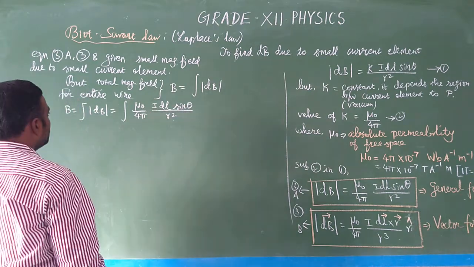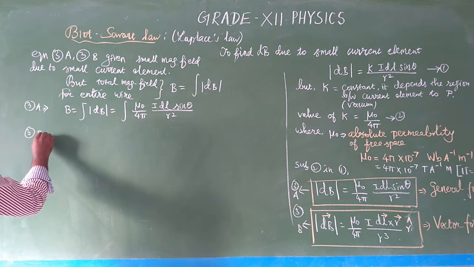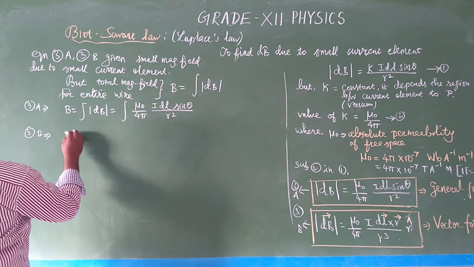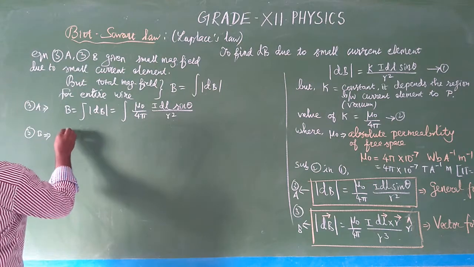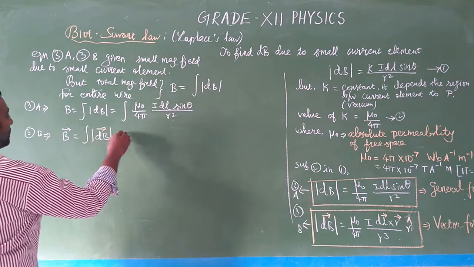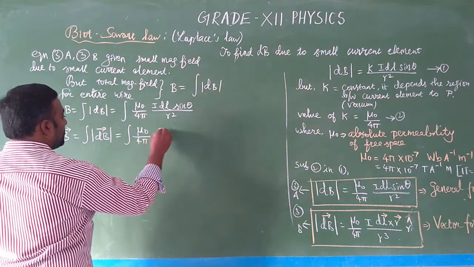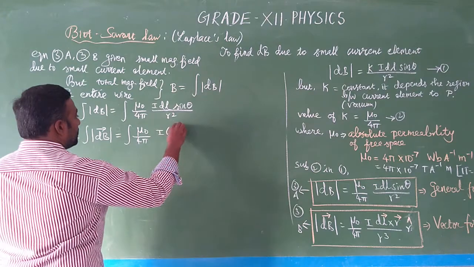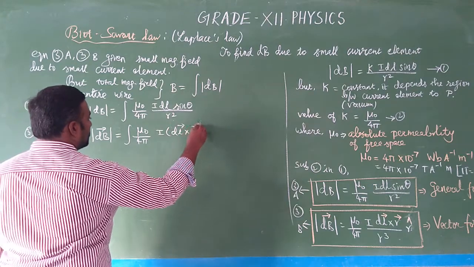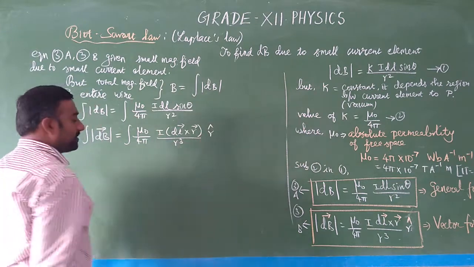Okay, so this is 3a and 3b, that is a vector form, no? So in vector form, B vector is equal to integral dB vector, that is equal to integral mu naught by 4 pi into I into dl vector cross r vector divided by r cube into r cap.